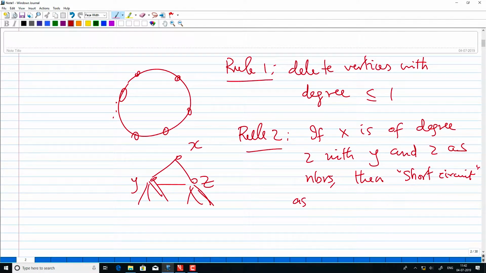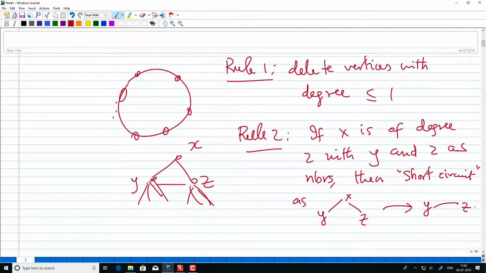Basically we will delete x, but we will add an edge between y and z, which means you can think of it as replacing this by a direct edge between y and z. So it's basically short circuiting.